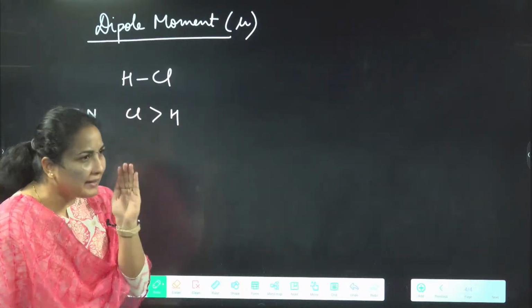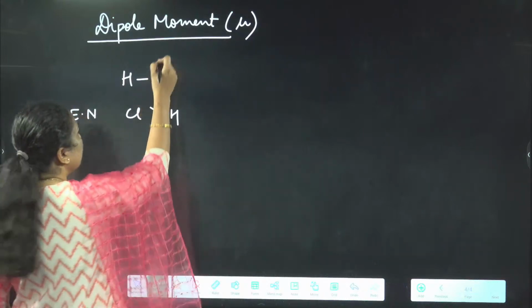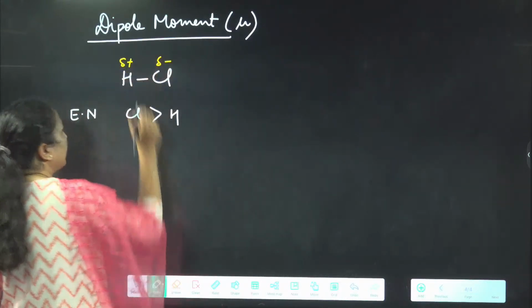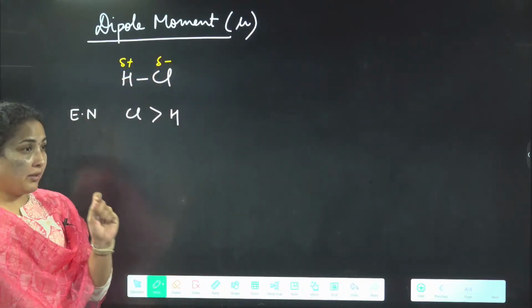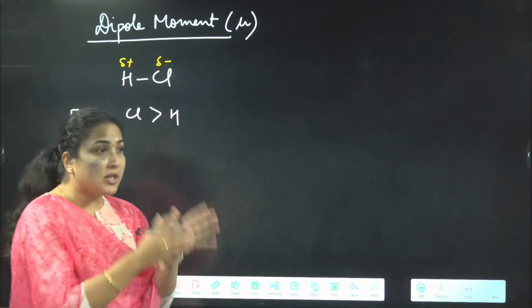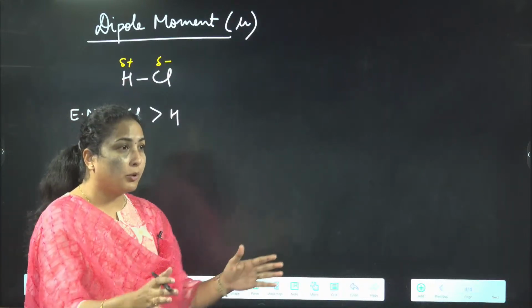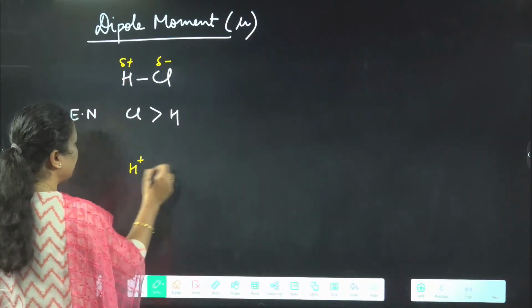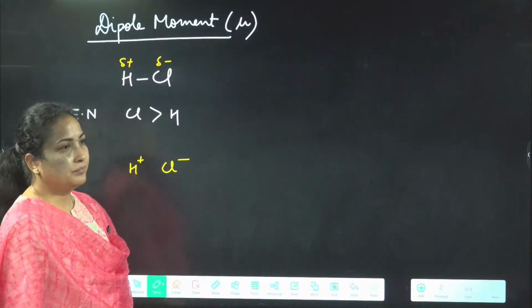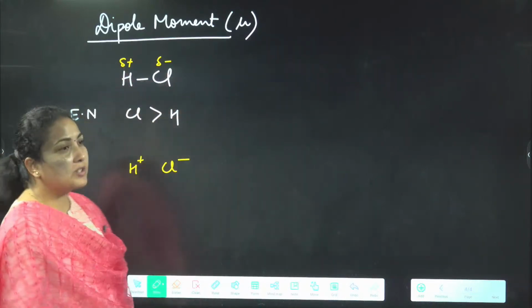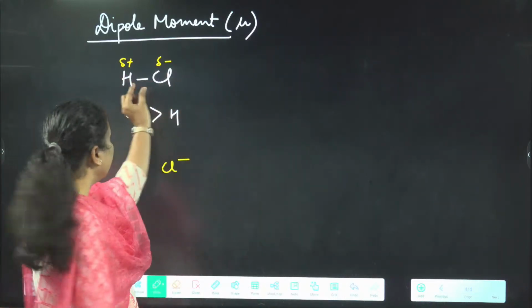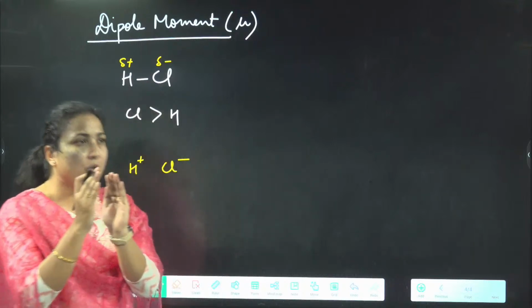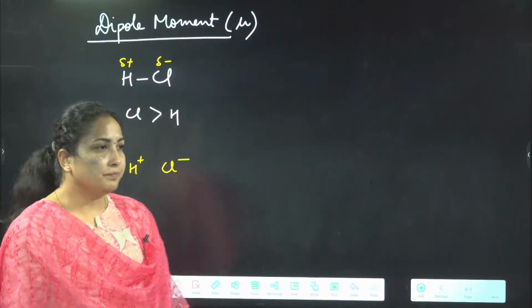It will be slightly more attracted towards the more electronegative element. I didn't say that the electrons are leaving their original atomic orbital. I'm not writing completely H plus and Cl minus. I'm just writing the partial charges because those electrons are being slightly more attracted towards chlorine.